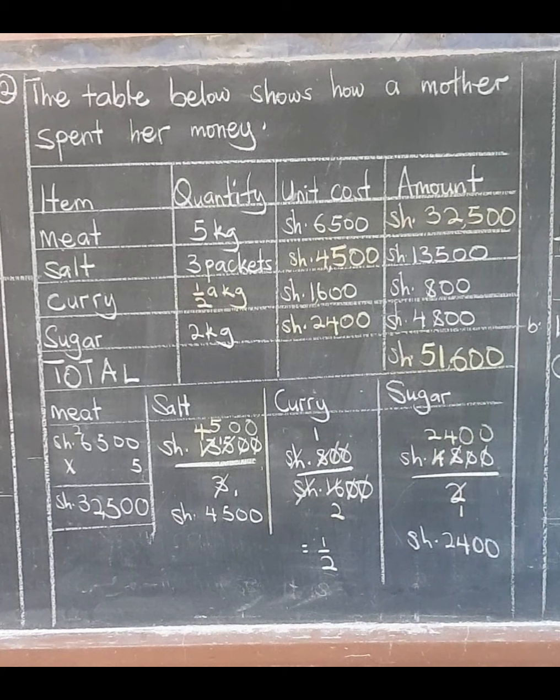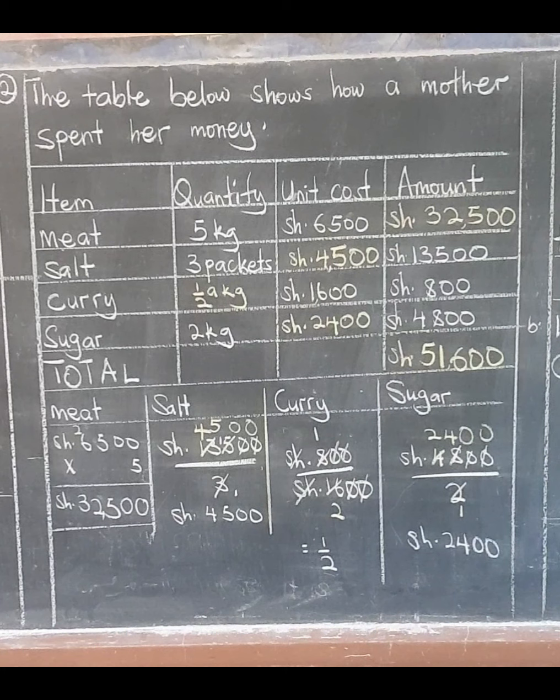Then we go to the next item, which is salt. When you observe salt properly, they gave us the quantity and the amount, but we don't have the unit cost. Children, unit cost is equal to amount divided by quantity. Therefore, get 13,500 divided by 3.